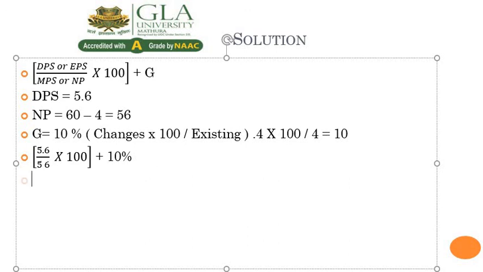So you find 5.6 divided by 56 into 100. It's simply 10%. 10% plus growth 10%. Total is 20%. It's a simple value.